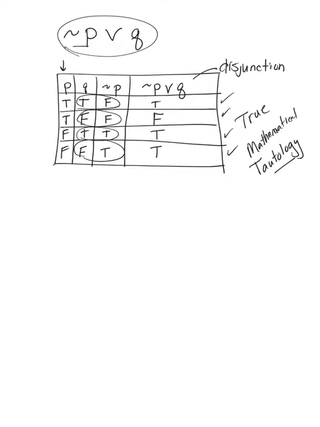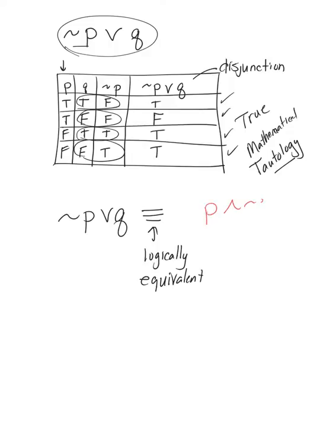So I may ask you to do two truth tables and say, is P disjuncted with Q logically equivalent to another expression, maybe P or not Q or something like that. And you would do a truth table for both and see if the last columns of your truth tables were identical to each other.